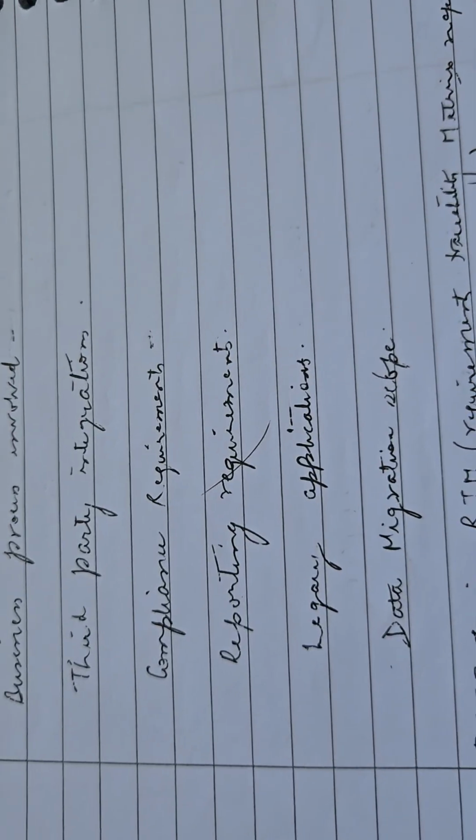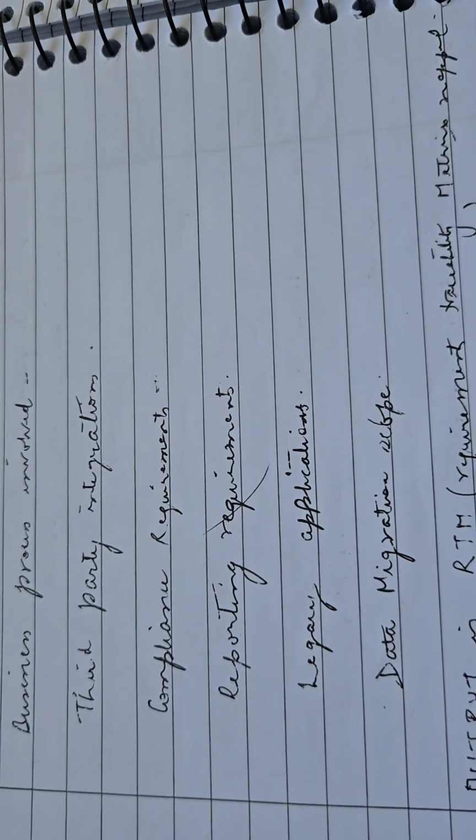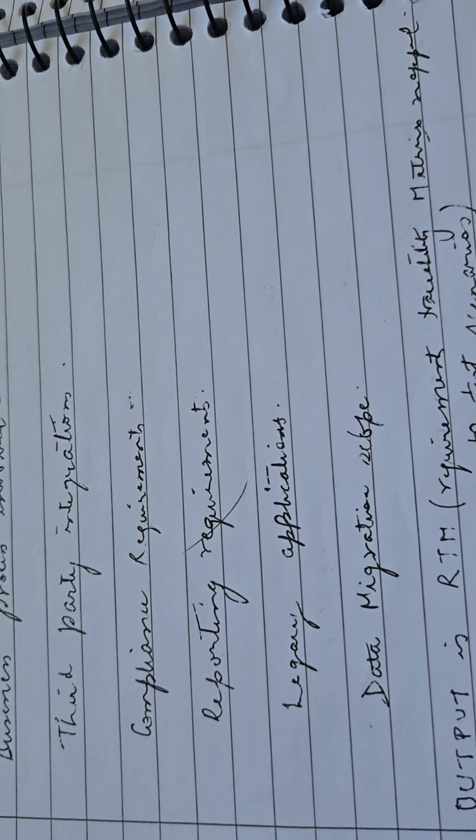So you can have Excel, CSV reports, various types of reports, right? And you can select the types of columns you want in the report. So that can be your reporting requirement. In Oracle, that is a separate section, right? So with respect to strategy, we should know the reporting requirement.